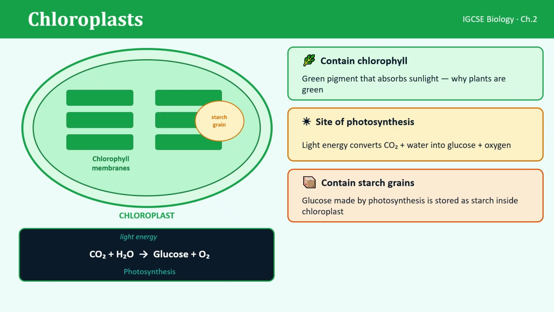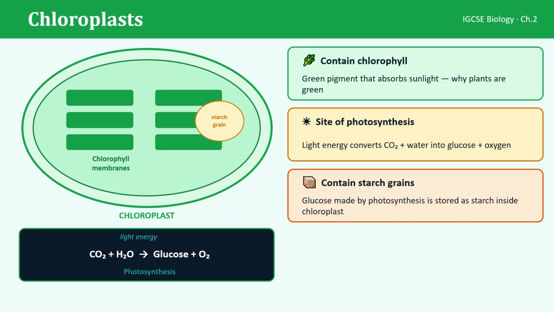Basically, this amber oval shape is a starch grain, and when the chloroplast makes more glucose than the plant needs, so what happens? This extra glucose is stored in the form of starch in the plant. So the chloroplast converts it into starch and stores it right inside the chloroplast in the form of starch grains.